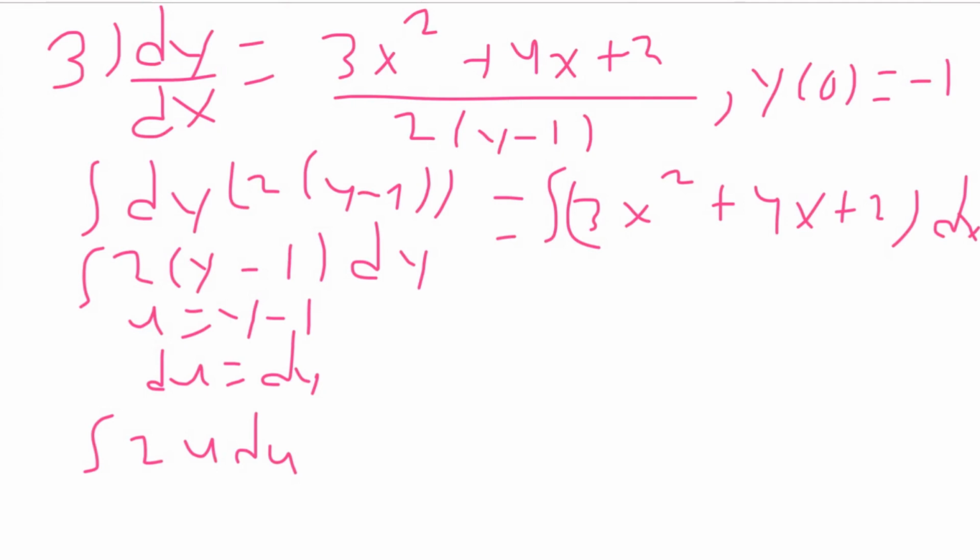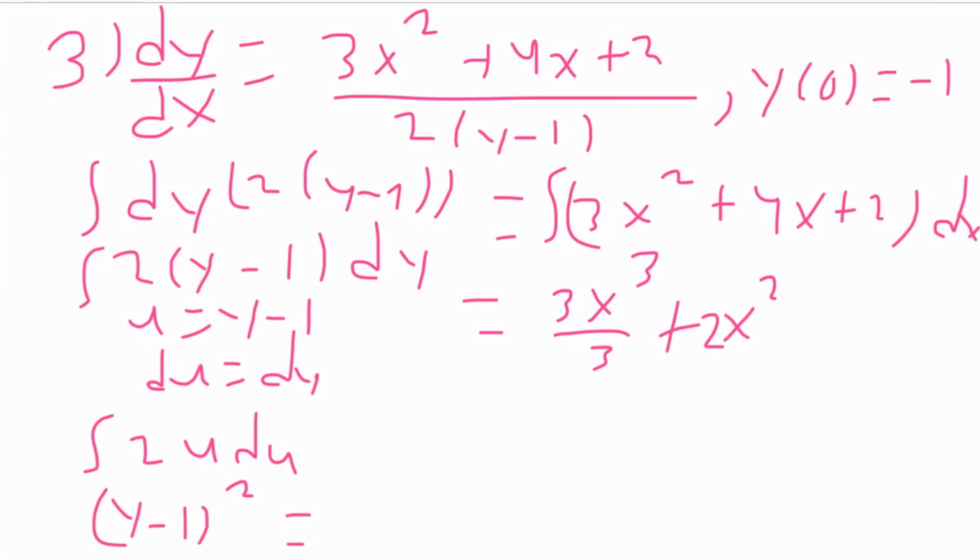But we know u squared is (y minus 1) squared. And set it equal. So this side just becomes 3x cubed over 3 plus 4x squared over 2, so 2x squared, and then plus 2x, and then plus c.